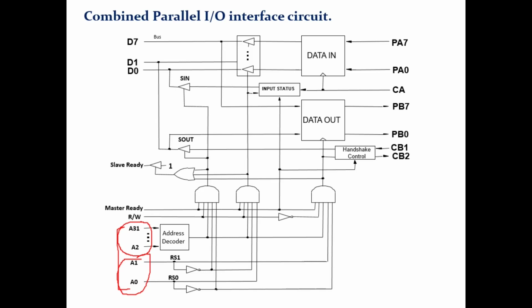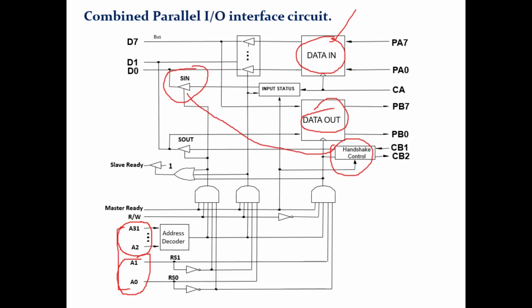One is to read data from the data in register of the interface circuit. One more operation is to send data to the data out buffer of the interface circuit. One more operation: initially, before reading data from data in, the processor reads the S in to check whether data is ready in the data in register.